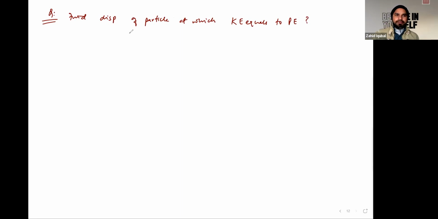So just equate kinetic energy and potential energy. The formula of kinetic energy was half m omega squared (a squared minus y squared). And for potential energy, we have half m omega squared y squared. Just simplify it to find y. Try to solve.